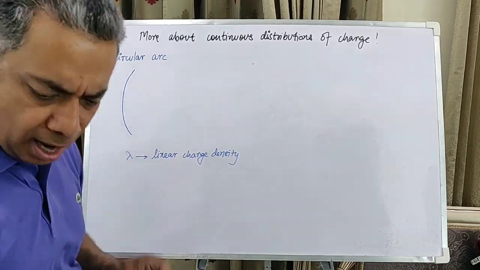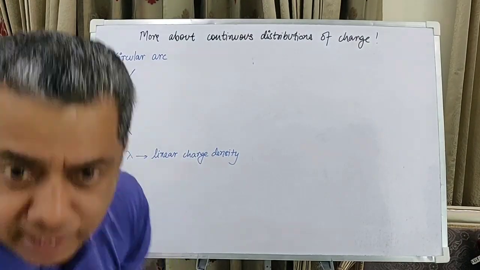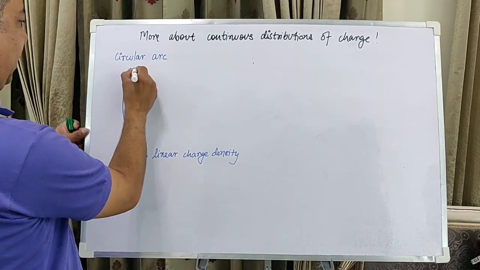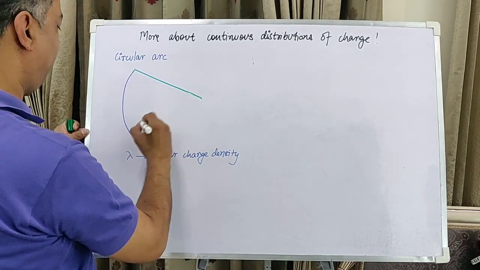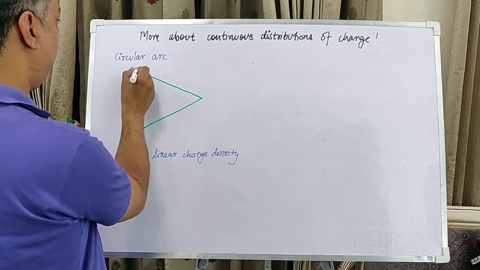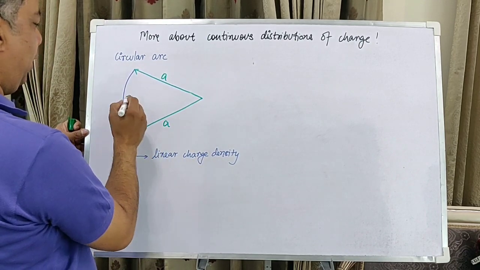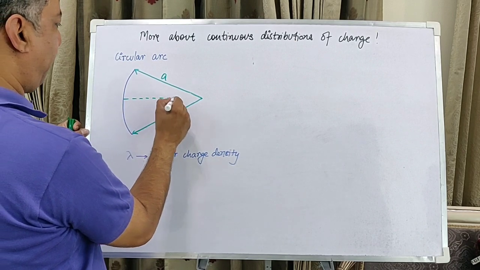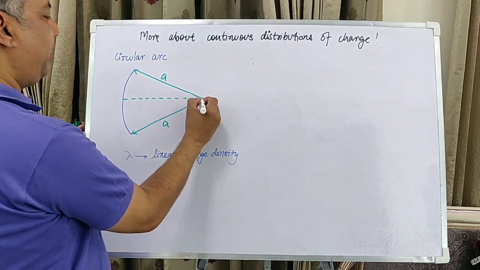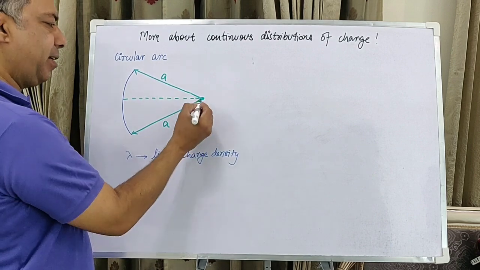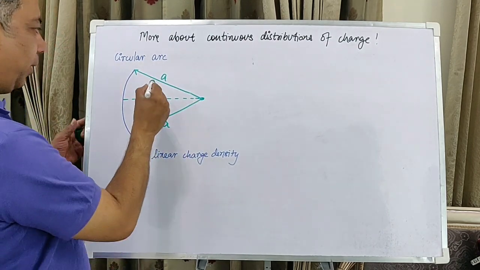Now this circular arc has a radius A, and we are interested in calculating the electric field at its geometric center.